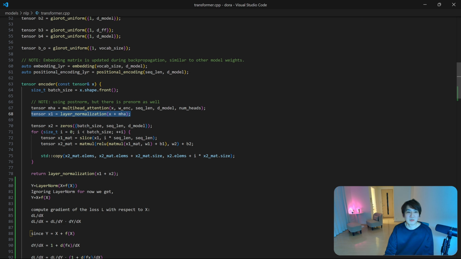And another reason we use this technique is that it would improve gradient flow, meaning it would stop the model from suffering from vanishing gradients.